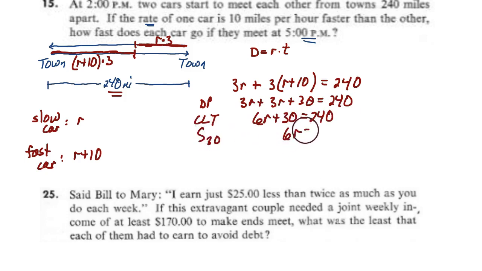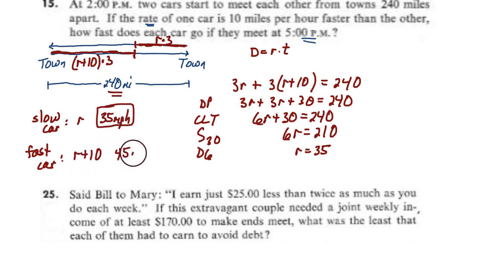We get 6R equals 210. And then divide by 6. We get R equals 35. We figured out that the speed of the slow car is 35 miles per hour, and that the speed of the faster car would be 45 miles per hour.